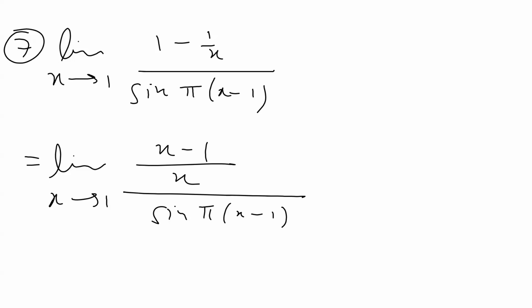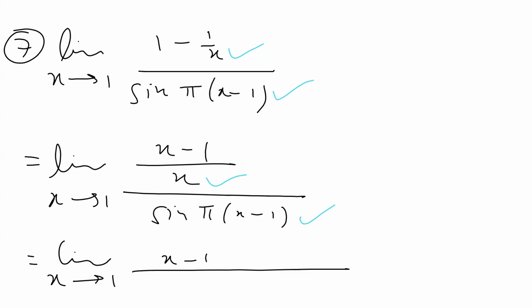Now technically speaking, this x is also in the denominator, so we'll take that x down. Limit x approaching towards 1, x minus 1 upon x sine pi x minus 1.